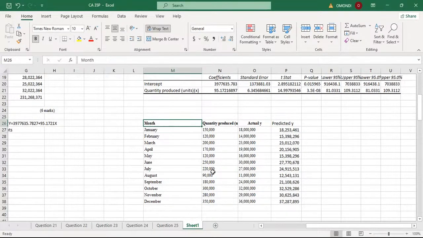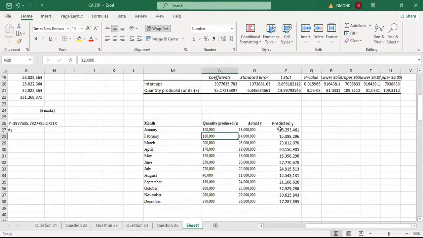If I use units, I have 120 with different values here. If I use this as the X, it will also give me problems because I have a similar value with different values of Y. So I cannot use quantities produced.